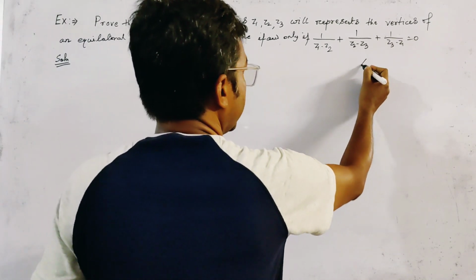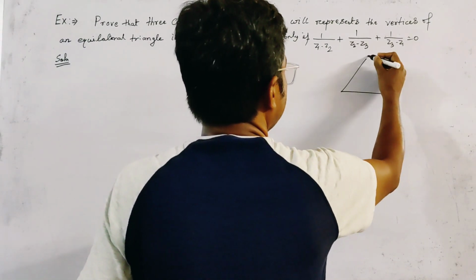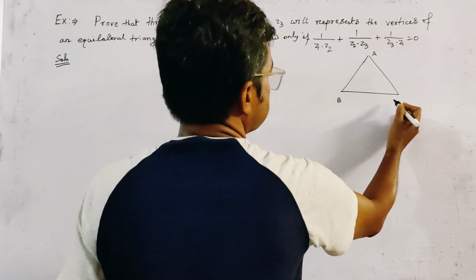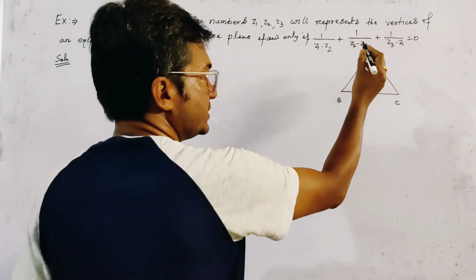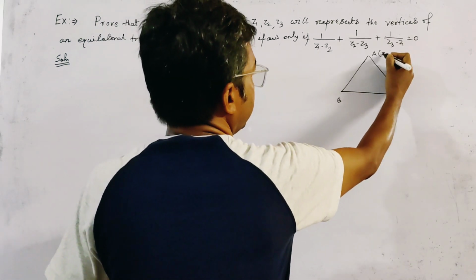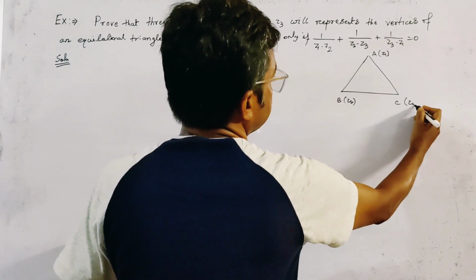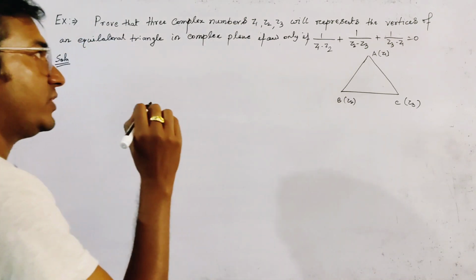We draw here an equilateral triangle ABC. Let this be A, this be B, this be C. Since this is an equilateral triangle, let the vertices be Z1, Z2, and Z3.